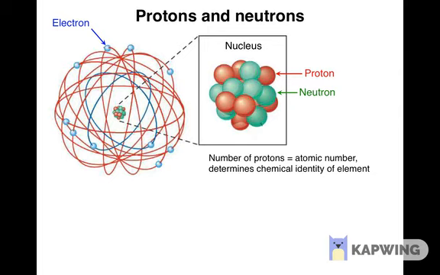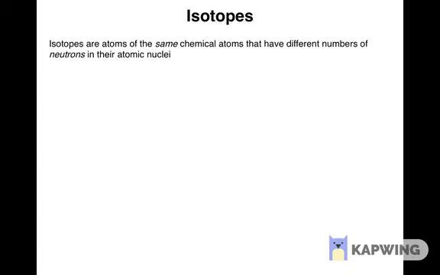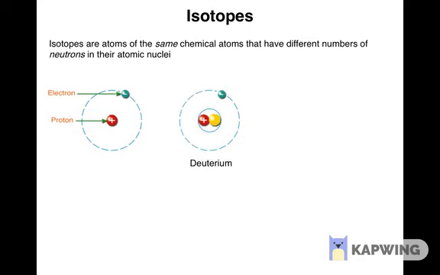The number of neutrons in the nuclei of different atoms of the same chemical element, on the other hand, can vary. For instance, most hydrogen atoms only have one proton in their nucleus and they don't have any neutrons. However, a small percentage of hydrogen atoms, about 0.01%, have one proton and one neutron in their nuclei.